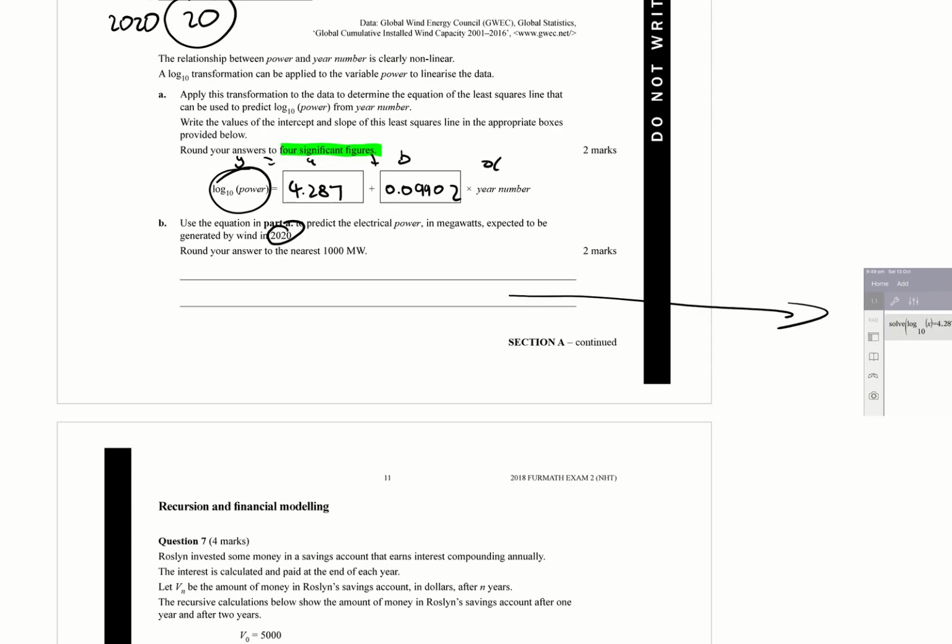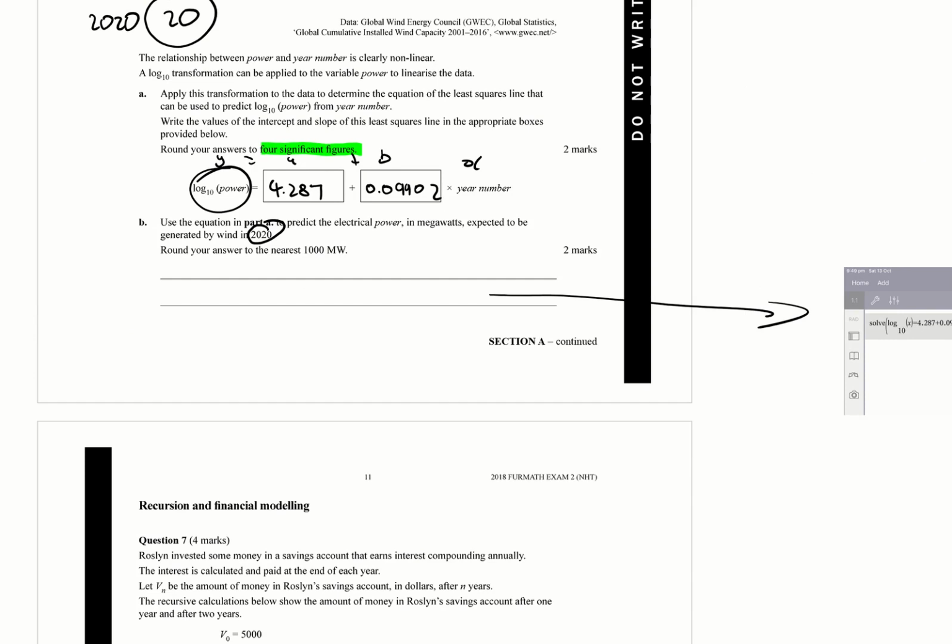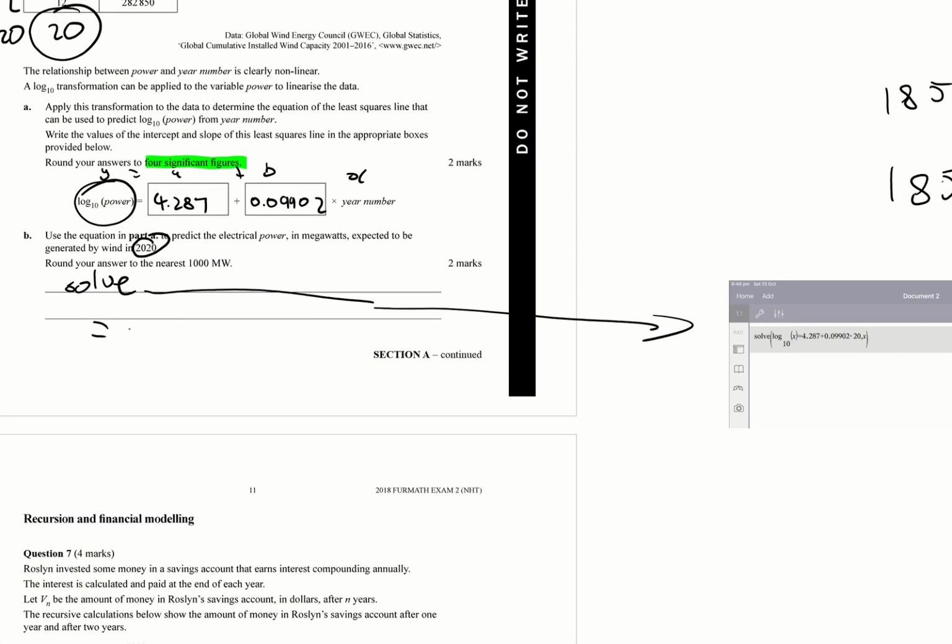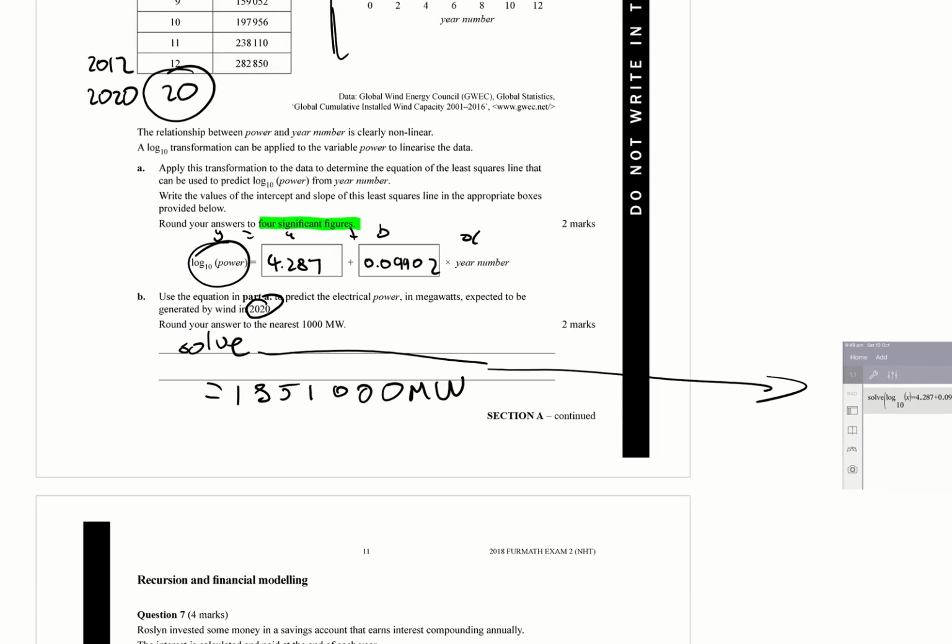Okay, so I would write solve out, get your thing, and then your answer is going to be 1851000 megawatts. Okay, and that's how you'd answer and finish off that question.